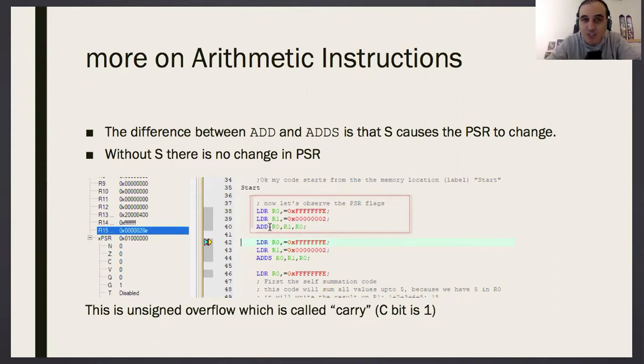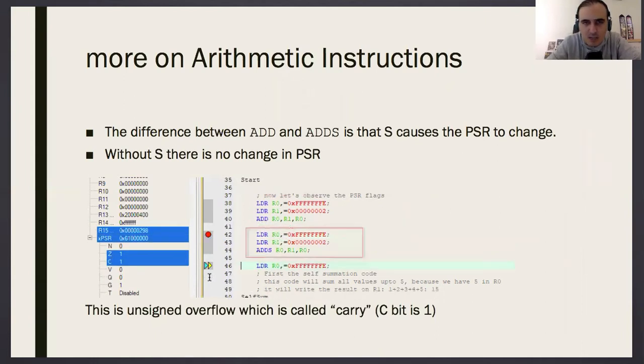And after this operation, if S was here, we don't have an S here, I would expect that Z flag would have been 1, but it is not 1 because we don't have S here. We have the exact same operation, guys. If you just debug down and get here, do I have it on slides? Yes. And at this point, I have the Z flag 1, which means actually this S changes the flags.